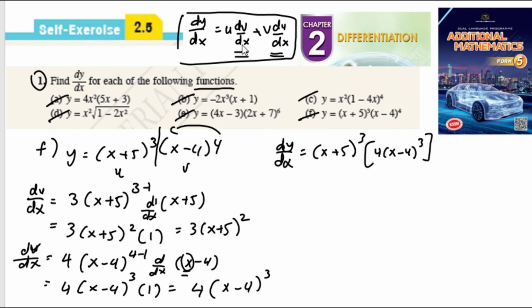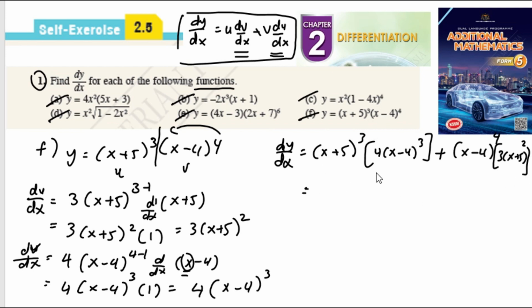And then you plus v, so your v is x minus 4 to the power of 4, times du over dx, which is 3 times x plus 5 squared.